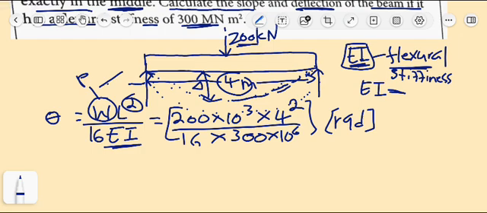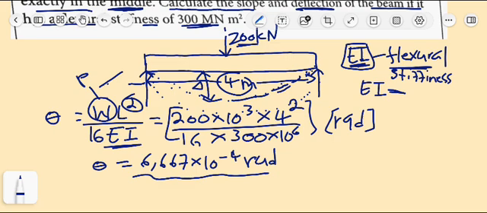So theta will be in radians. We'll have our angle there, which is 6.667 times 10 to the power of minus 4 rad.